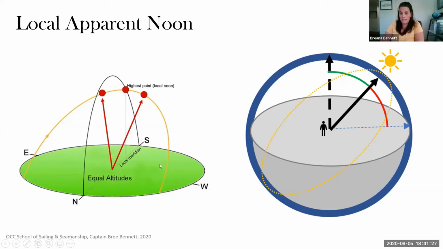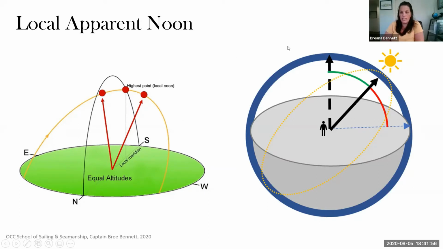And then at the highest point, it's generally south because we are in the north. So it's going to be generally south of us. And that's going to be that peak high position. And then it's going to set in the west. And that's why we have pretty sunsets on the west coast. So that is the definition of local apparent noon.